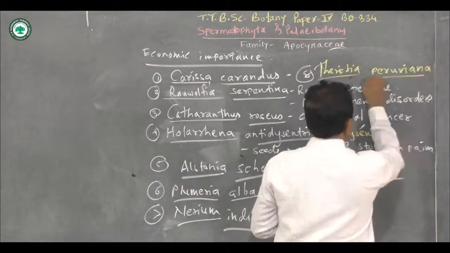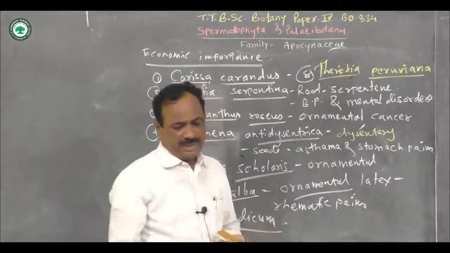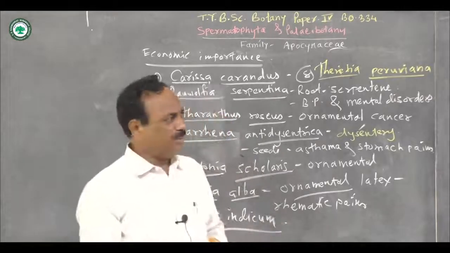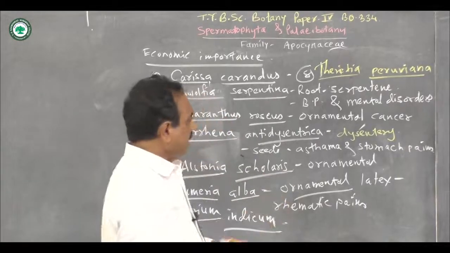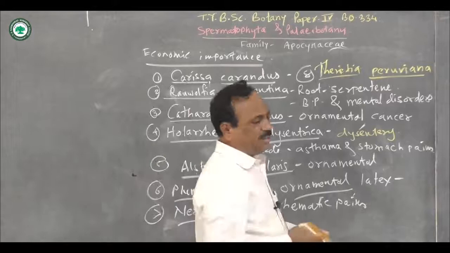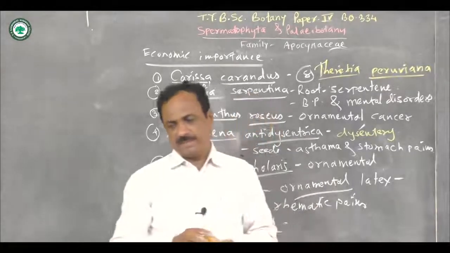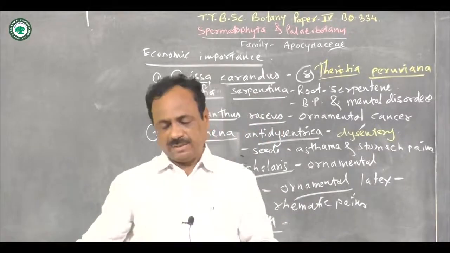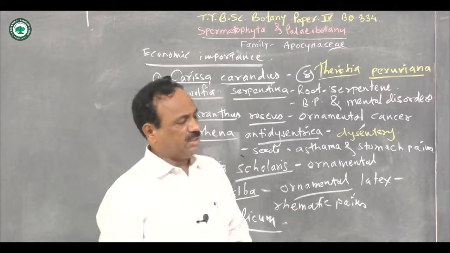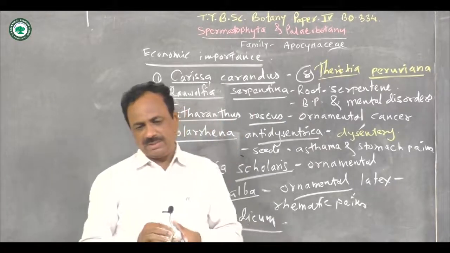This plant is also planted as an ornamental plant. Flowers are yellowish colored, attractive, an evergreen plant, but the entire plant is highly poisonous. So these are some plants of family Apocynaceae with their economic importance.